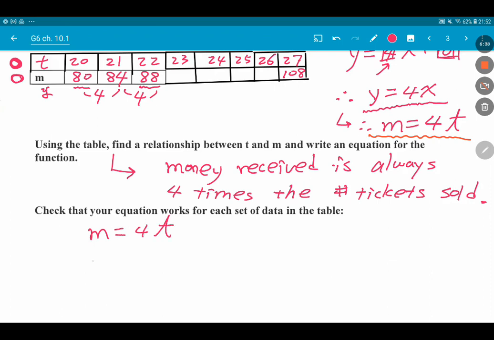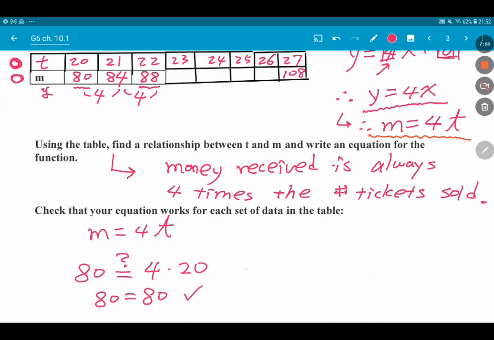Let's say when t equals 20, you throw in t is 20. So 4 times 20, and whether that equals the output 80. The answer is indeed 80 equals 4 times 20. So 80 equals 80, so that works.